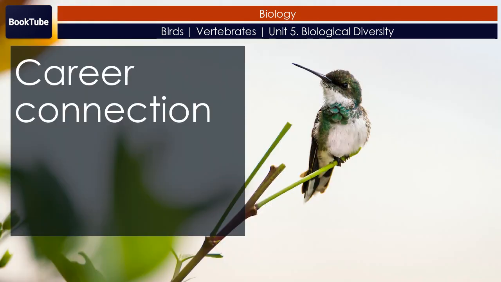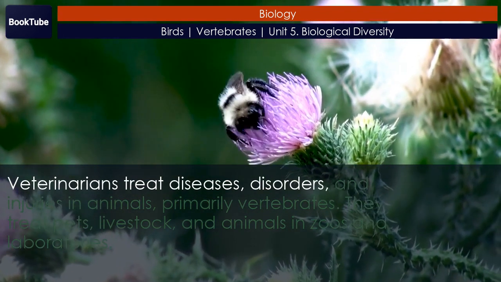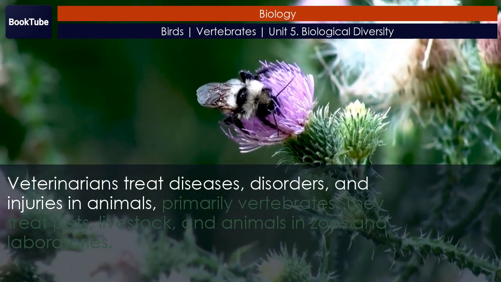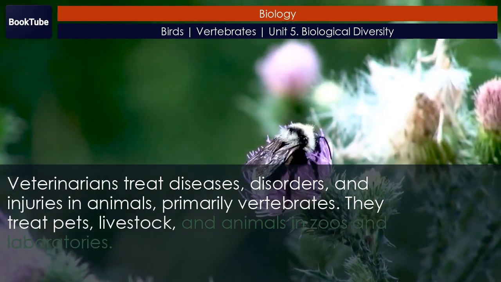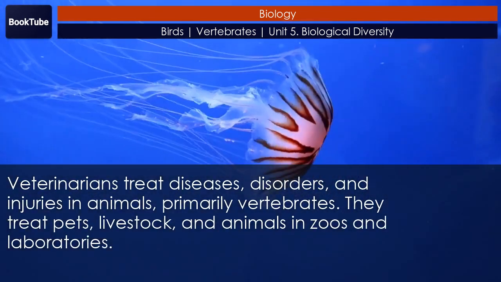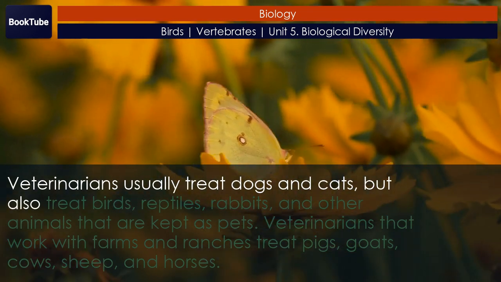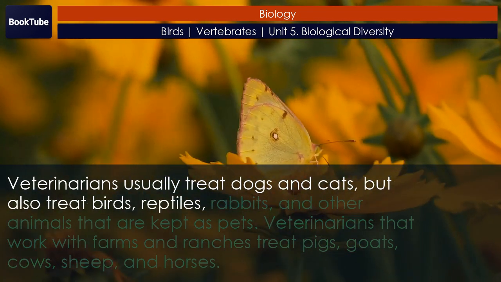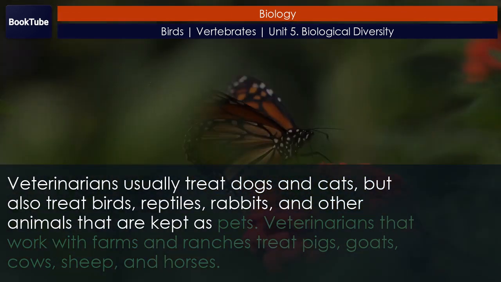Career connection: Veterinarian. Veterinarians treat diseases, disorders, and injuries in animals, primarily vertebrates. They treat pets, livestock, and animals in zoos and laboratories. Veterinarians usually treat dogs and cats, but also treat birds, reptiles, rabbits, and other animals that are kept as pets.